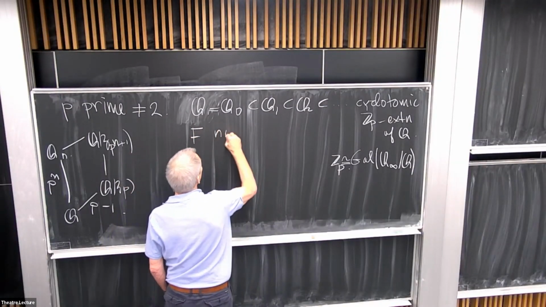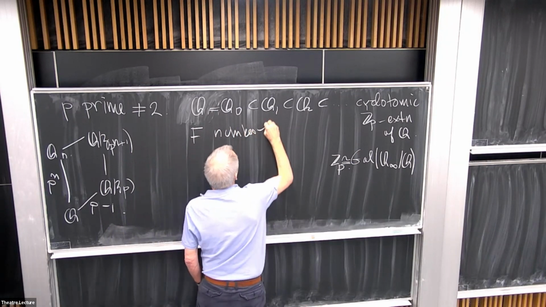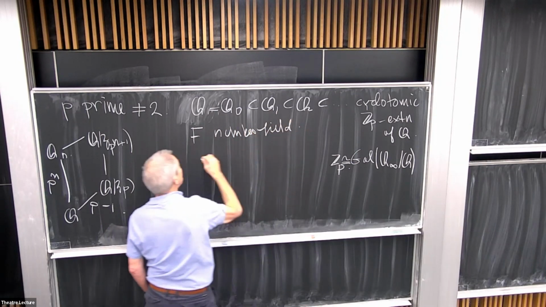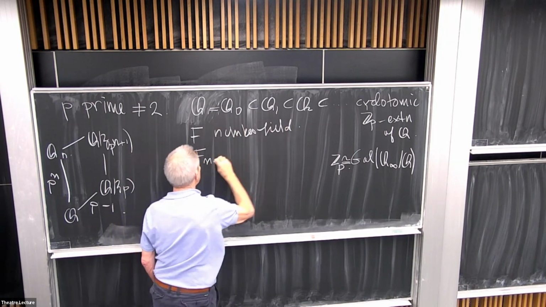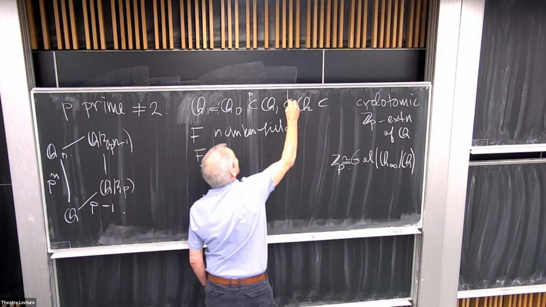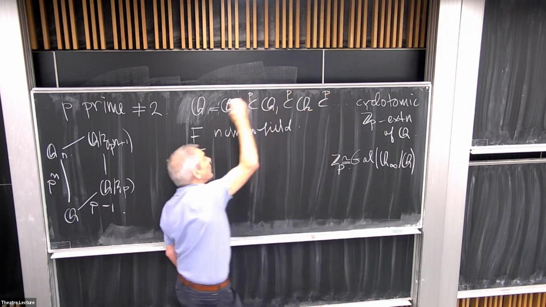Now you can compose it. If F is any number field, then you can consider the cyclotomic Z_p extension of F by composing it with all these fields. One is degree p over the other.